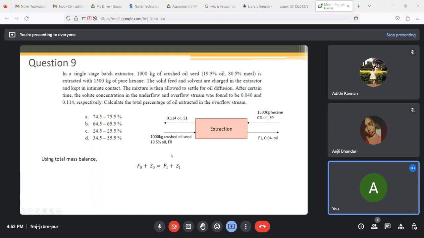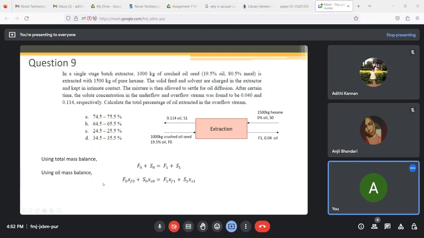Using the total mass balance, let's say F0 is the total mass of the inlet feed, F1 is the total mass of the underflow, S0 is the total mass of the solvent flow, and S1 is the total mass of the overflow. Inlet is equal to outlet, that is F0 plus S0 is equal to F1 plus S1.